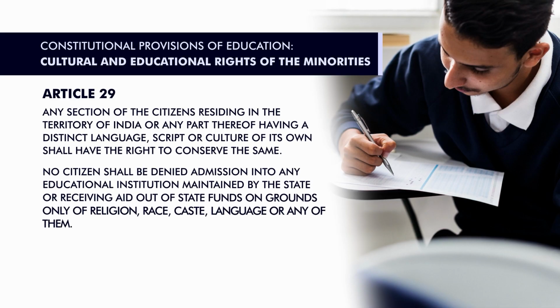Then no citizen shall be denied admission into any educational institution maintained by the state or receiving aid out of state funds on grounds only of religion, race, caste, language or any of them. Try to understand. On the ground of religion, on the ground of the race of the citizen, caste of the citizen, language of the citizen, no child can be deprived of admission in a state funded school system.